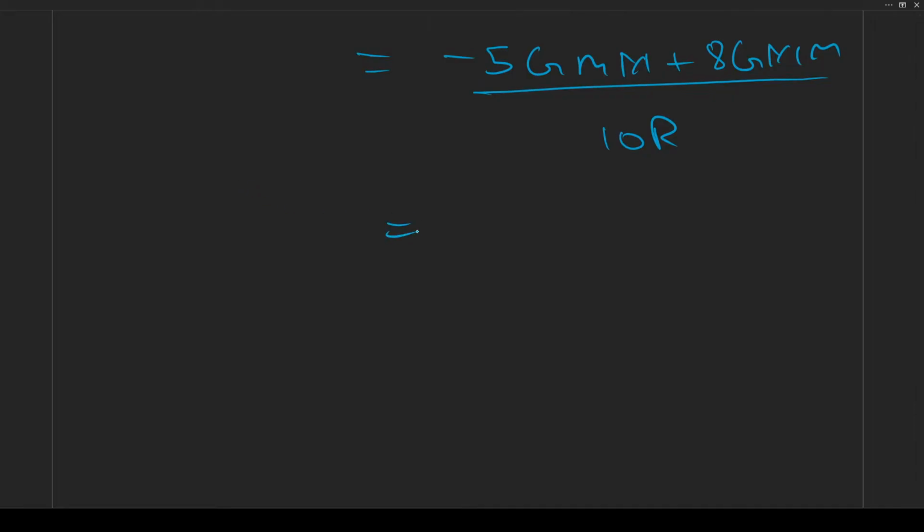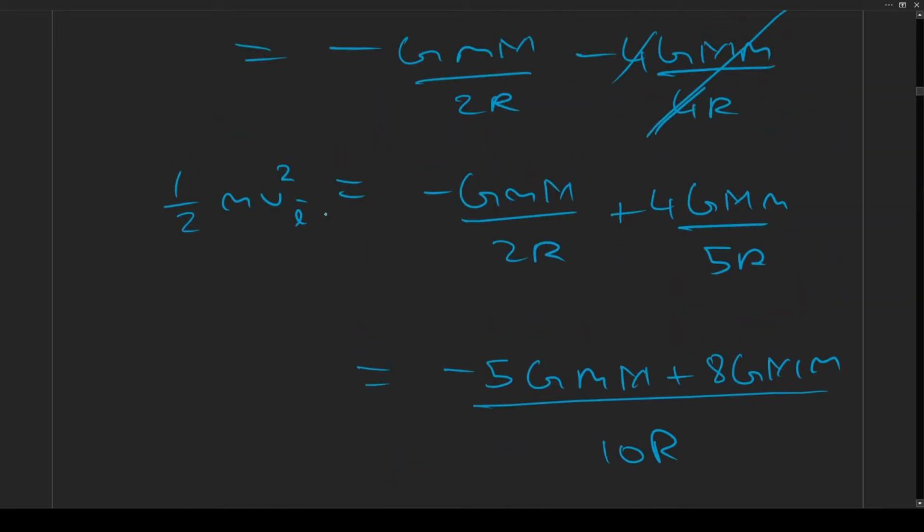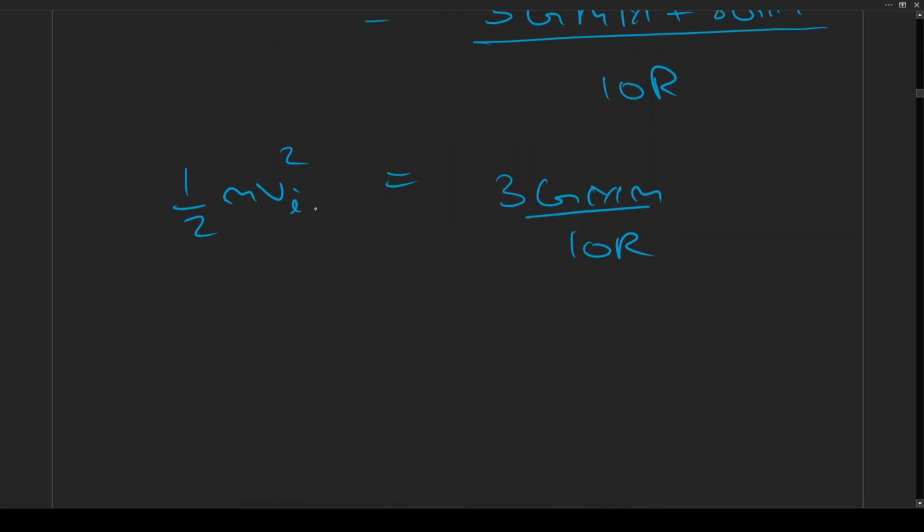We can write this as 3GMm by 10r, which is equal to half mv initial square. m we can cancel here. This 2 will go that side. V initial square equals 6GMm by 10r.